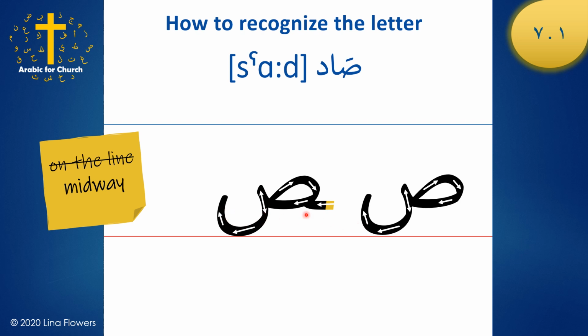So again, we're going to start the Sad from left to right and then round, and this is why when we're writing we stop and then estimate the distance to write a full sand dune first and finish it with the basket.